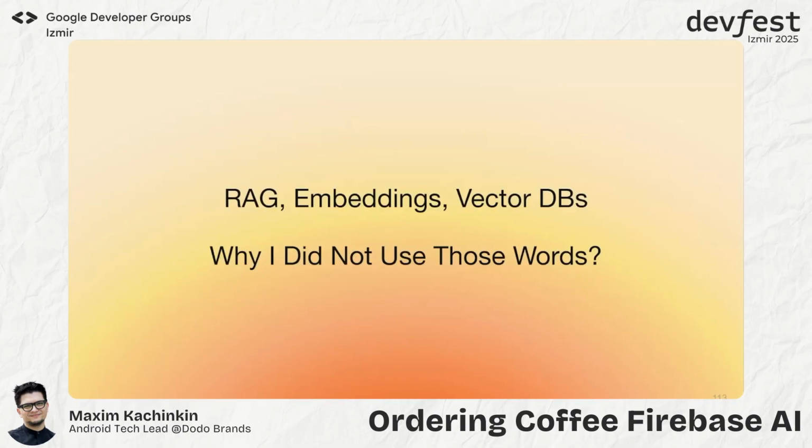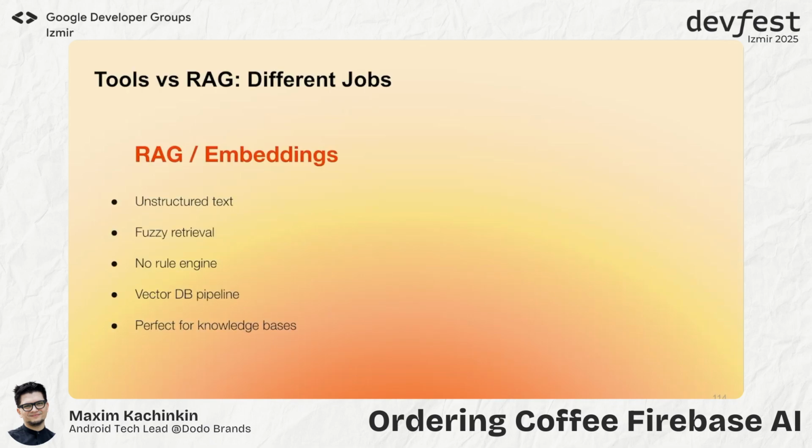So let's go back. And the final step, if you have ever been to at least one talk about AI this year, you might wonder why I don't say words like RAG, embeddings, vector DBs and stuff, right? So let's see what RAG is good for. RAG is amazing for the right job, for working with unstructured, fuzzy bunches of text, documentation, reviews.